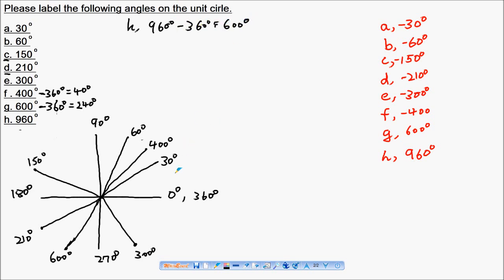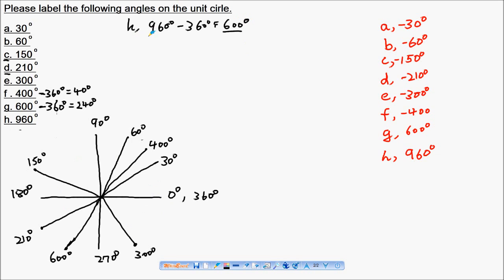That means it's still greater than 360 degrees, so I have to go another cycle.